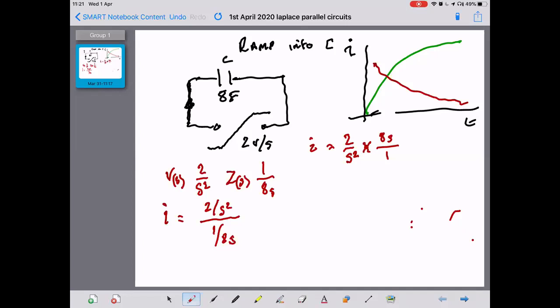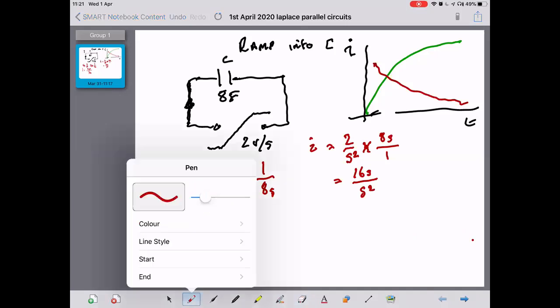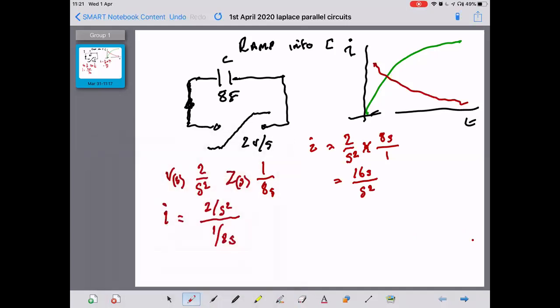So that is equal to 2 times 8S, which is 16S over S squared. And then we can simplify that, can't we? Over S squared. S squared. Come on now, Mike. Oh, I'm trying.